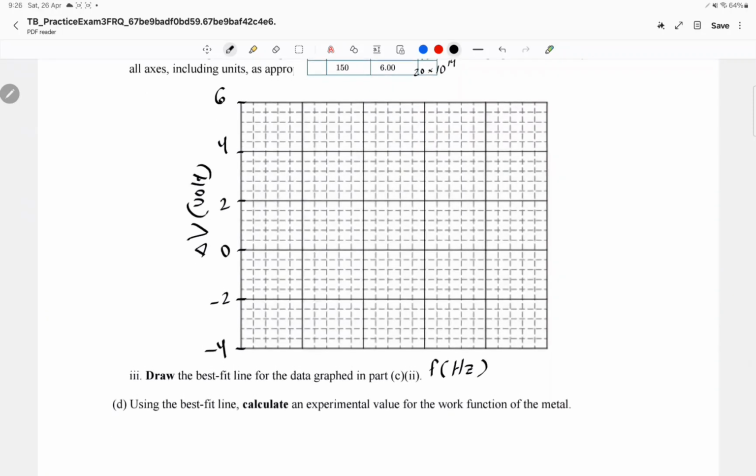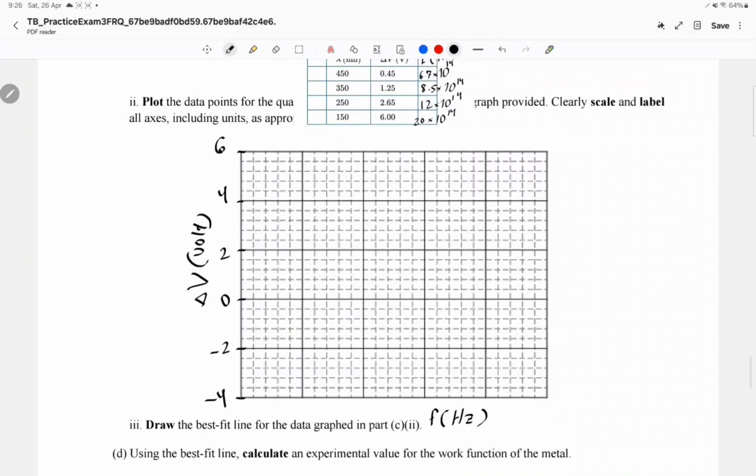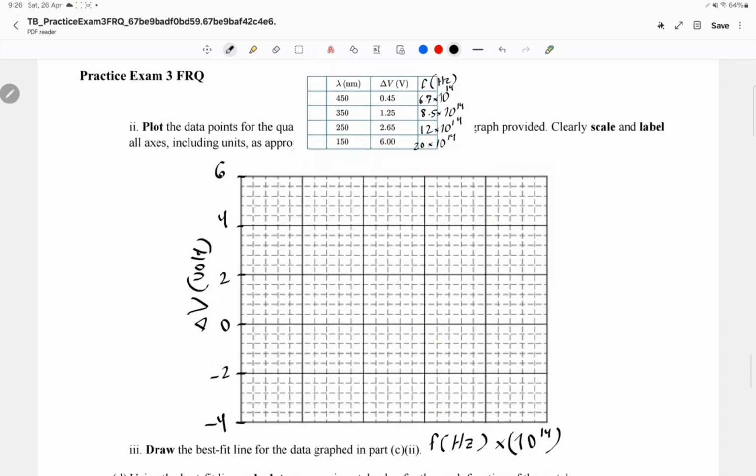F will be times 10 to the power of 14, and it has to range from 6.7 to 20. So I guess I could do 5, 10, 15, and 20.